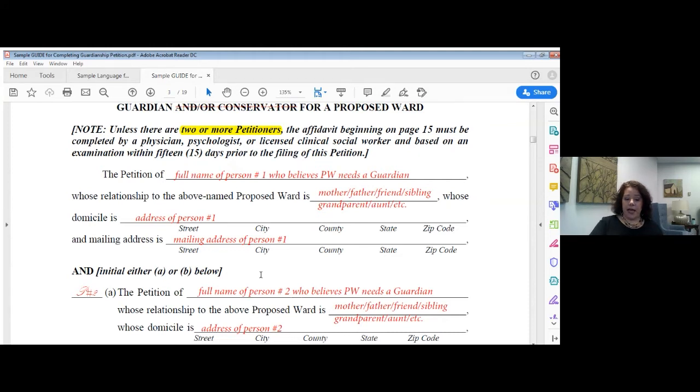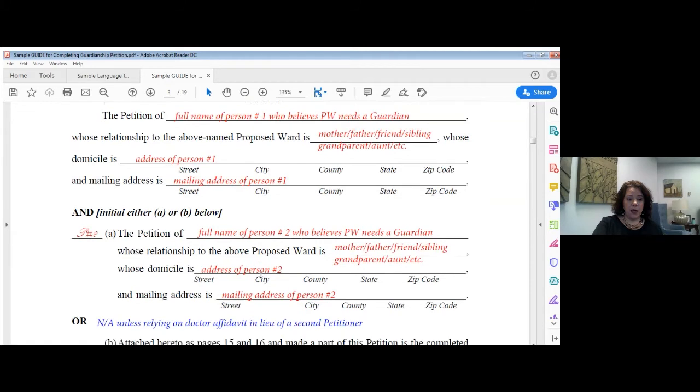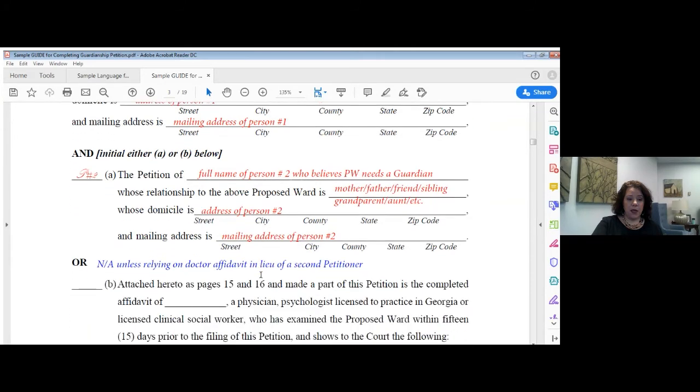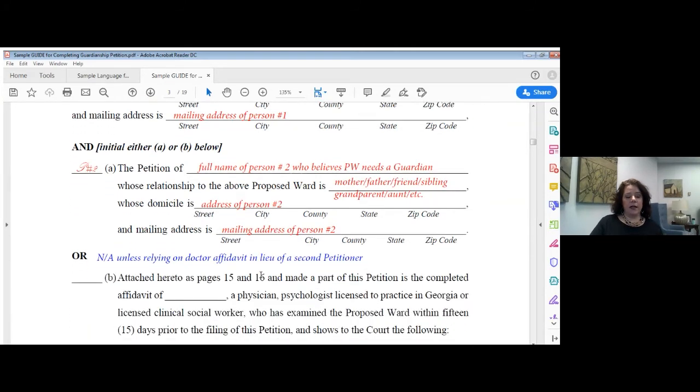Then we move on down to the second part here, where we're going to choose either A or B. This goes back to our discussion of whether we're doing the doctor's affidavit or a co-petitioner. If you were doing the doctor's affidavit, then you would fill out section B and provide the doctor's name and contact information.